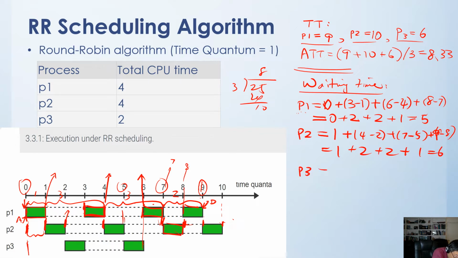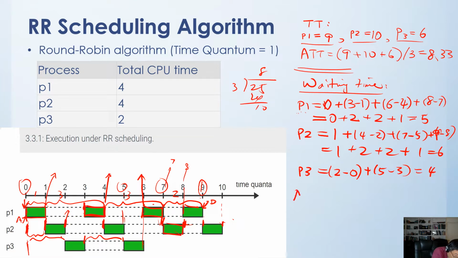And for P3, the first piece waited for 2 time units, so it's 2 minus 0. The second one waited for 5 minus 3. There are only 2 parts, so you get 4.